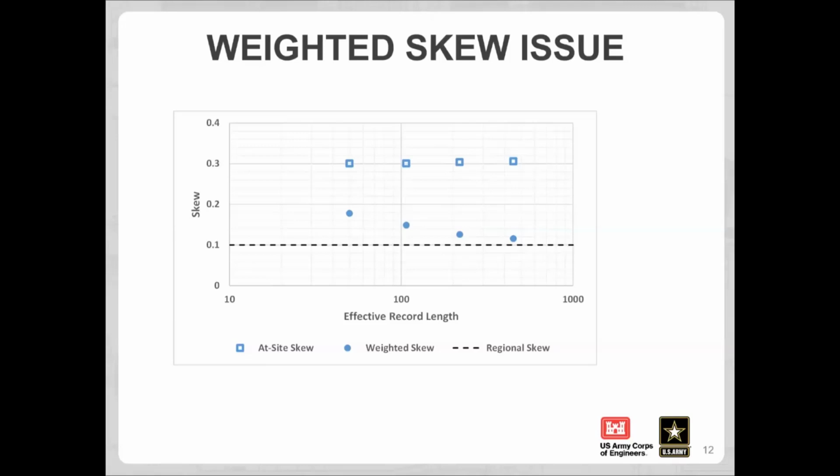That's the dashed black line. And then the solid circles are the weighted skew. You see the same issue if you hit the button again there, Mike. The weighted skew estimates are trending in the wrong direction. As you add really long historical records that are defined by long periods of perception thresholds, you get this incorrect behavior in the weighted skew estimate.